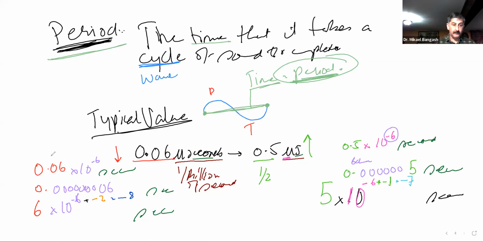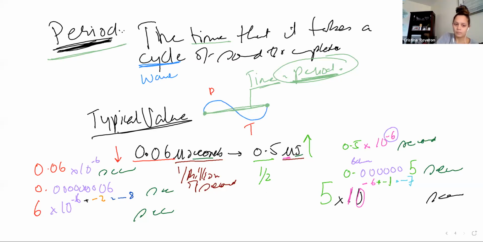To make this a whole number. 0.06 is a fraction, right? Yes, 0.06 is a fraction, right?